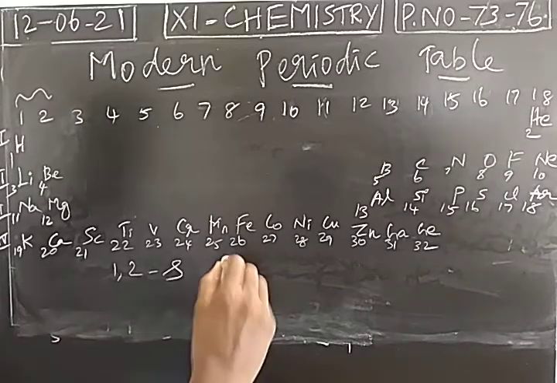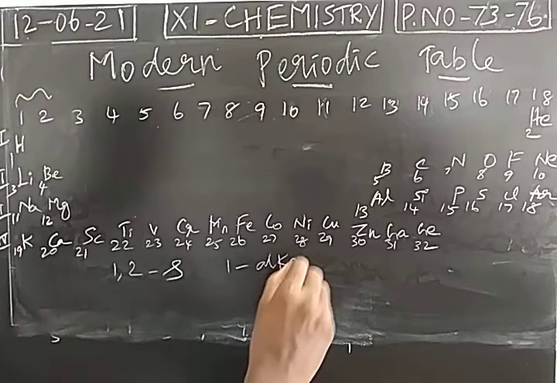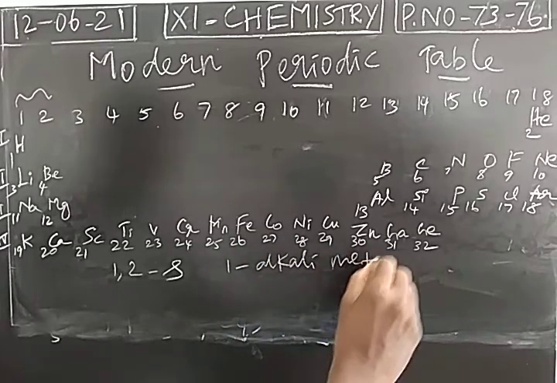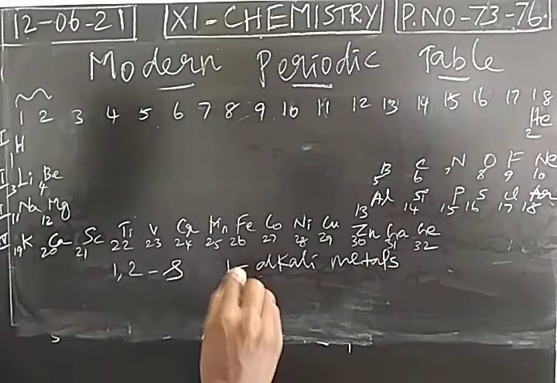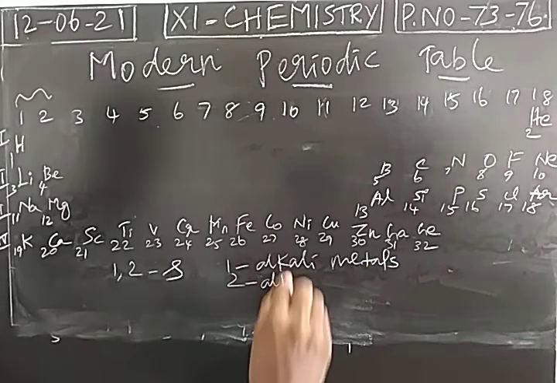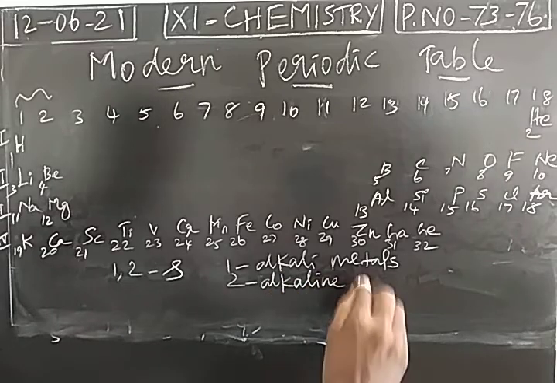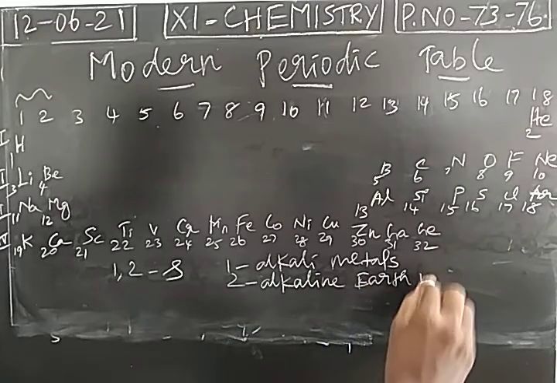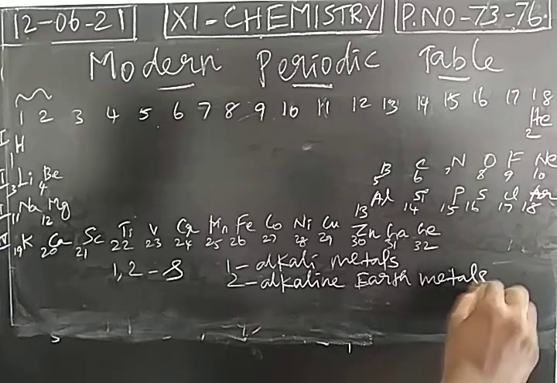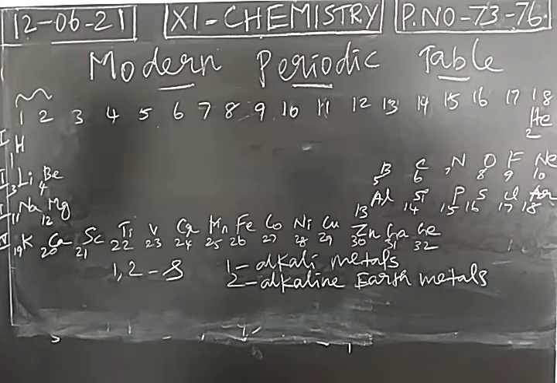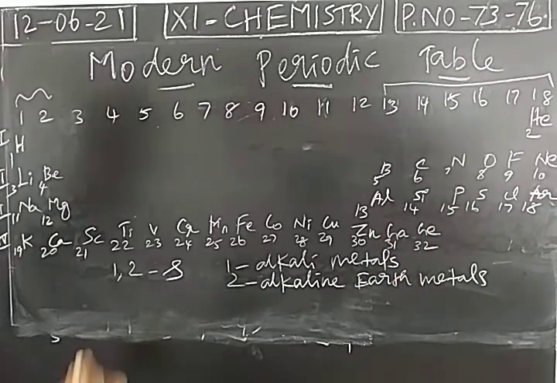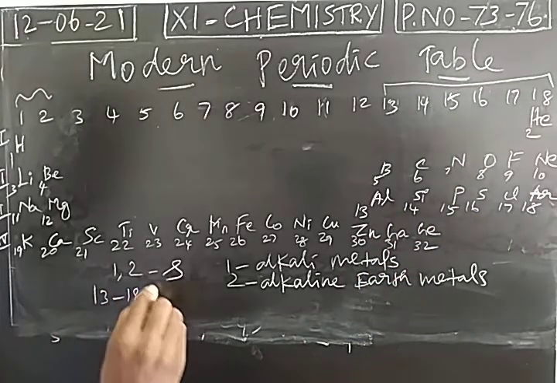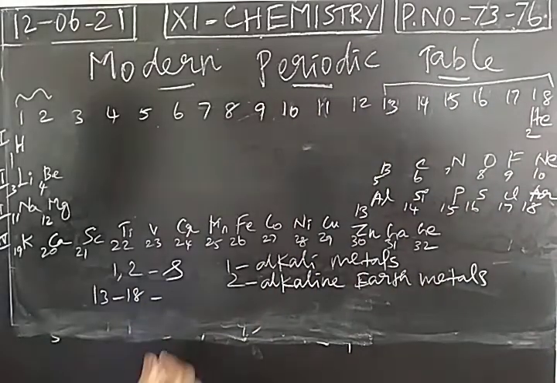The first group elements are called alkali metals. The second group elements are called alkaline earth metals. This is based on the nature of the elements. And group numbers 13 to 18, totally 6 groups of elements, are called p block elements.